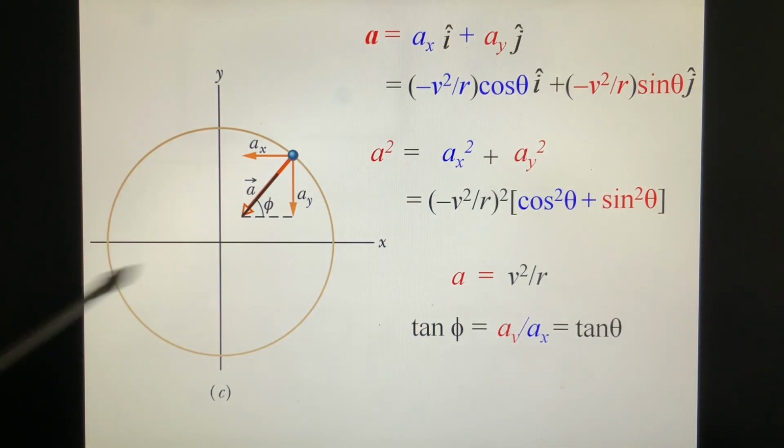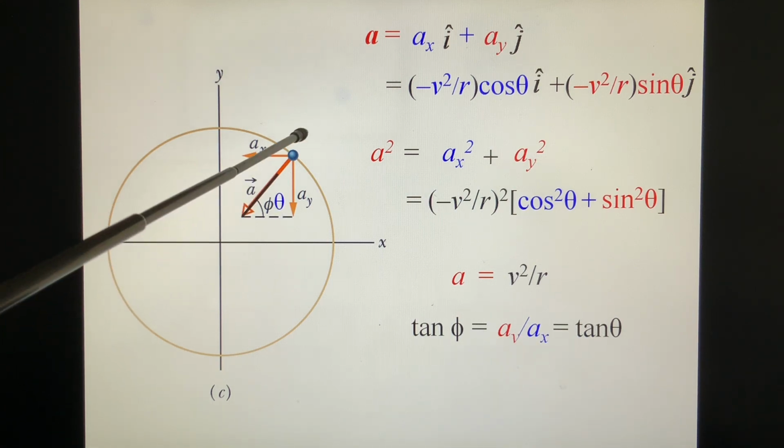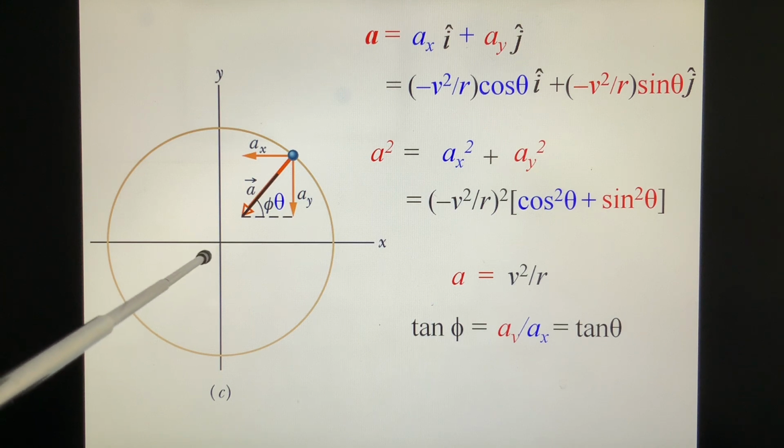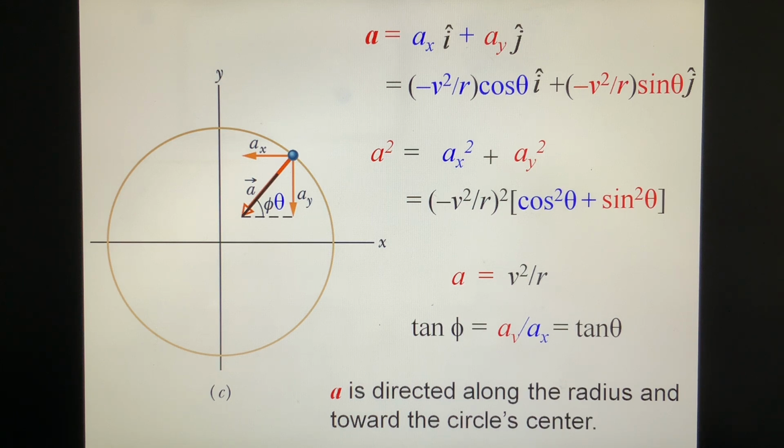What does this mean? Tangent phi equals tangent theta. Tangent theta is just from the center to this theta. So this means A is toward the center of the circle. It's directed along the radius and toward the circle center: the centripetal. Okay?